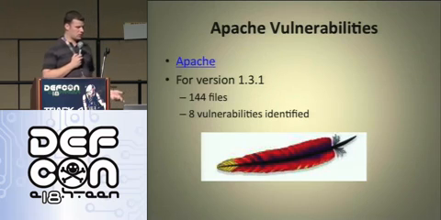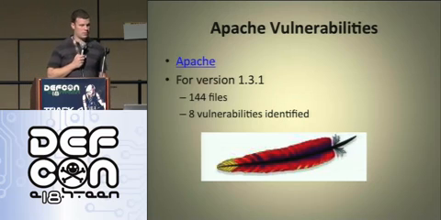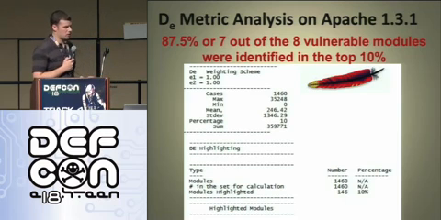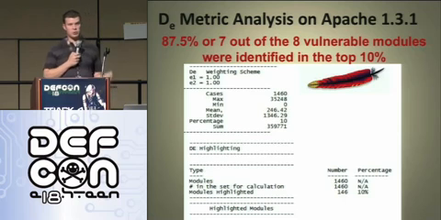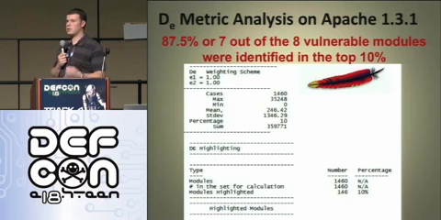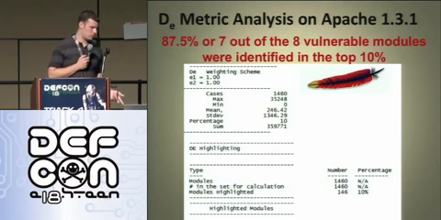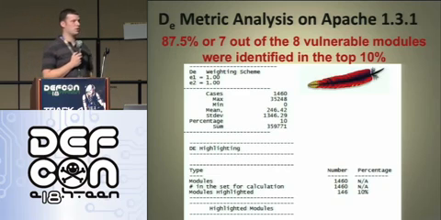For the vulnerabilities on version 1.3.1, you had 144 files, 8 vulnerabilities identified. With the metrics, we actually had 87.5%, or 7 out of 8 vulnerable modules, identified in the top 10%, which is a huge win for us, because if you are a code auditor and you want to know where to look, then it's a huge win if it says this is the top 10%, and that's actually where the vulnerabilities were.